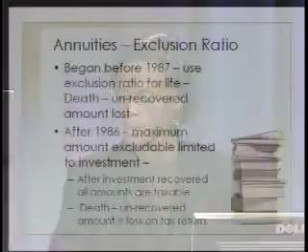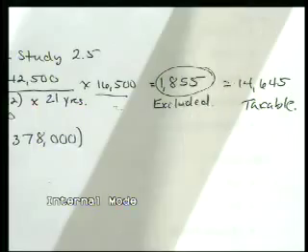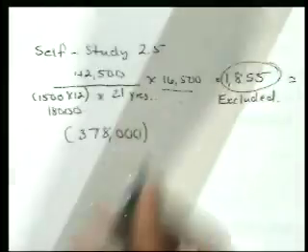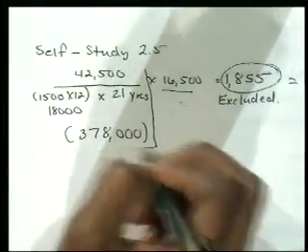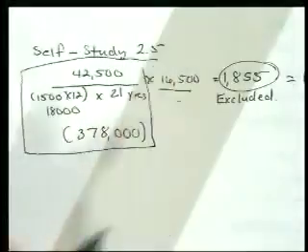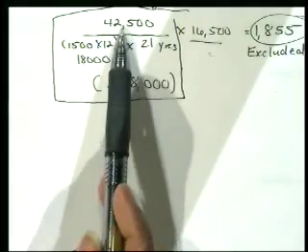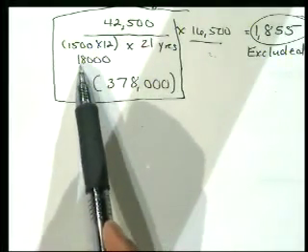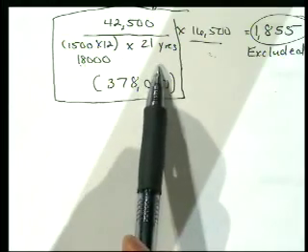Okay. This right here represents what we call our exclusion ratio. It's the amount that he contributed divided by the annual amount times 21 years.